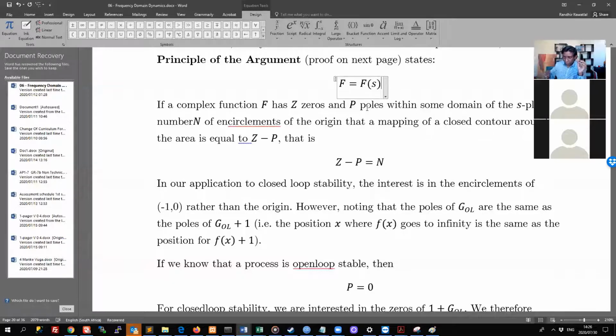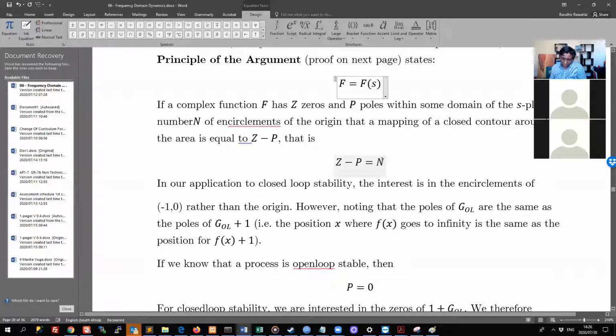As f goes around that triangle, we count the number of times it completes a triangle. So if we go 1 triangle, 2 triangles, 3 triangles, let's say, then we have n equals 3. So f has traveled around 3 times.